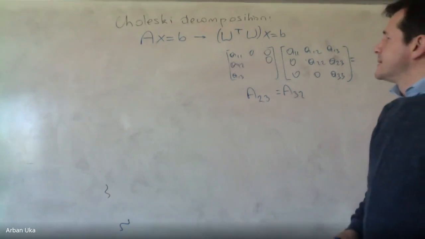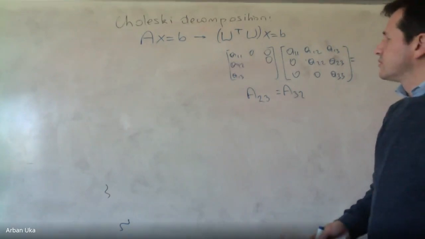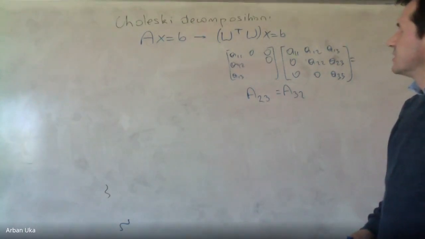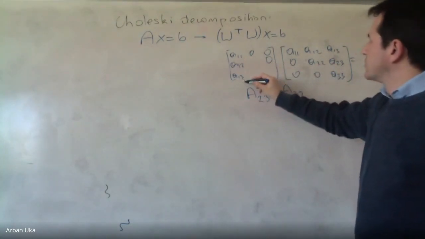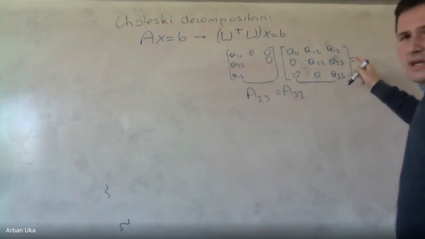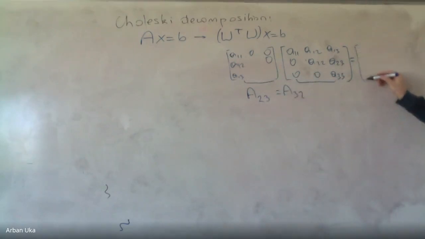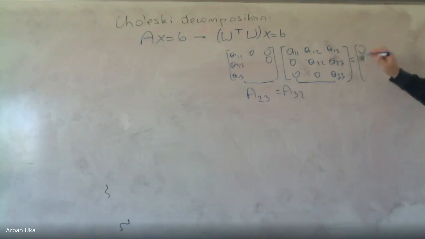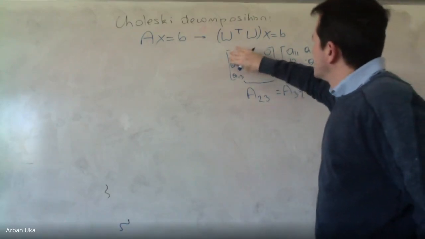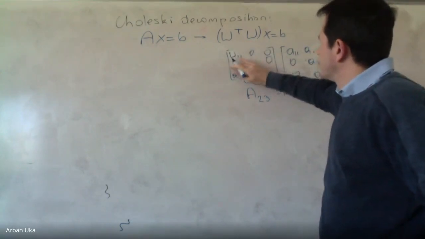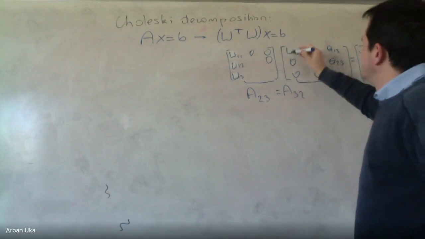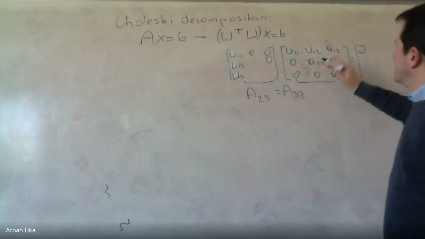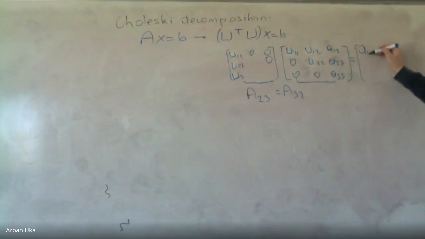But this is also not complete, for a simple reason. This is U transpose, and this is U, and this whole thing would be equal to the matrix A. Let's assign this U, because these are the upper triangular matrix elements.